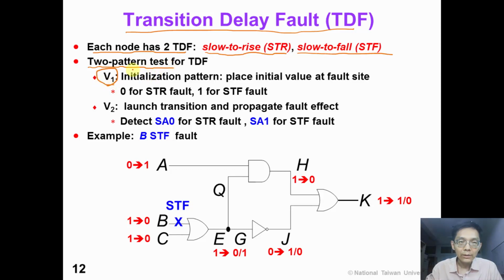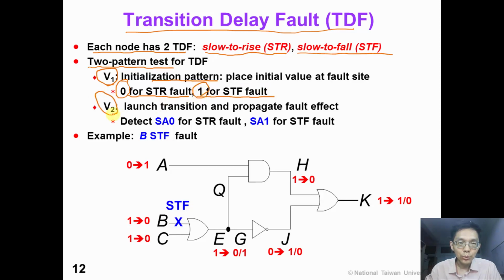Test pattern 1 initializes the pattern. If we want to detect a slow to rise fault, in pattern 1 we need to control the node to 0. On the contrary, if we want to detect a slow to fall transition delay fault, we need to control the node to logic 1.